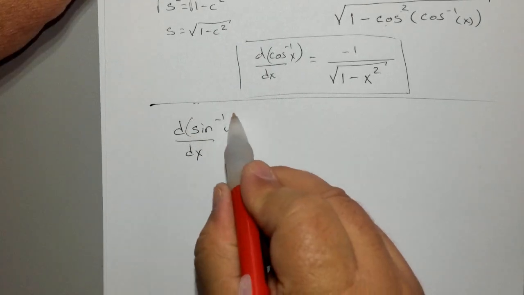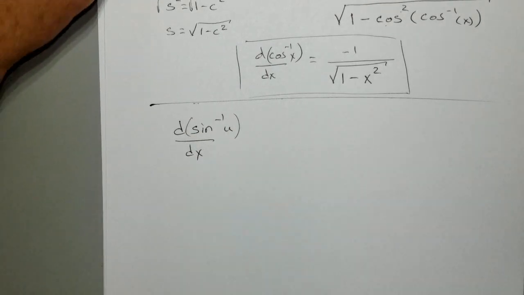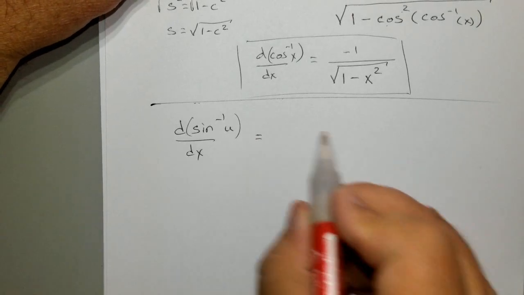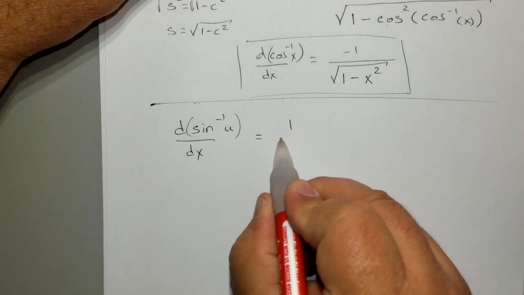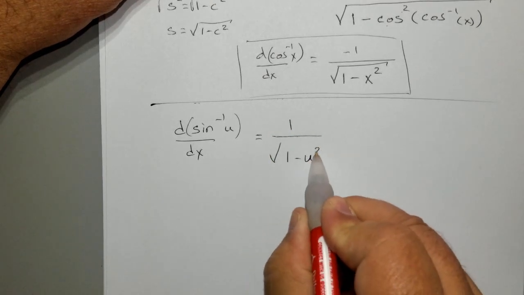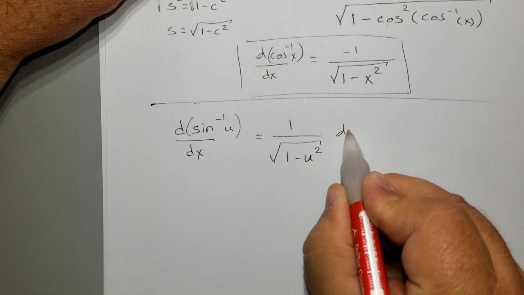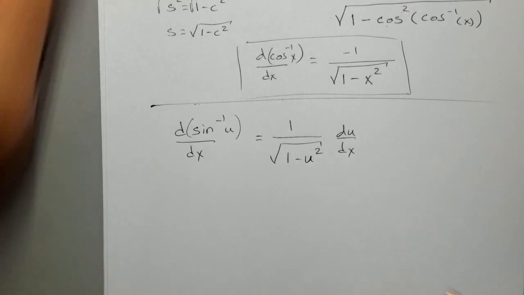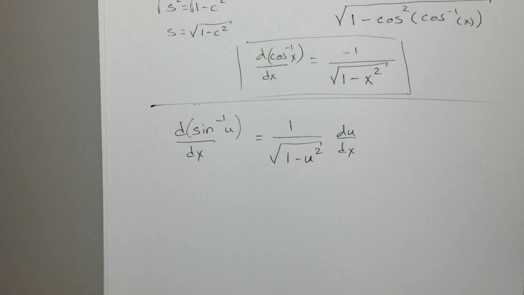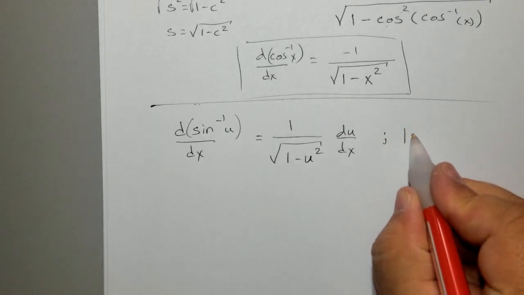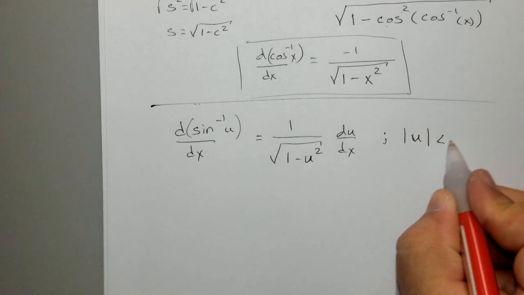So the derivative of the inverse sine of u is equal to 1 over the radical of 1 minus u squared, times du dx, where the absolute value of u is less than 1.